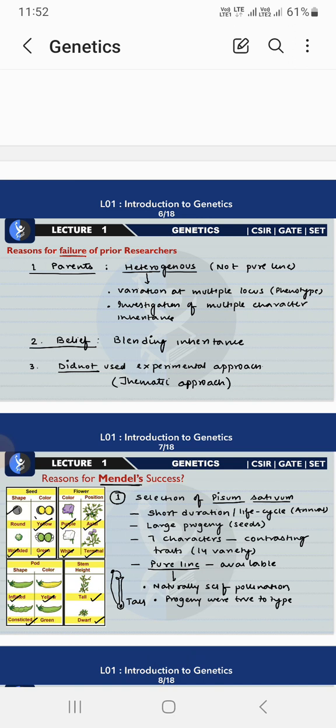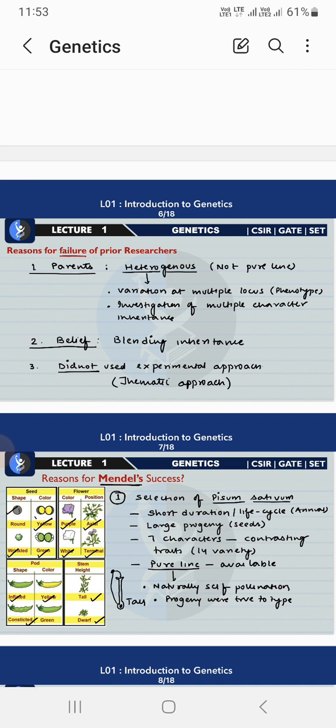There are many reasons, but one of the most important is that they did not use pure lines. First, the parents were heterogeneous, not pure lines, with variations at multiple loci and multiple-locus phenotypes. They also investigated multiple characters at one time, which created so much confusion.